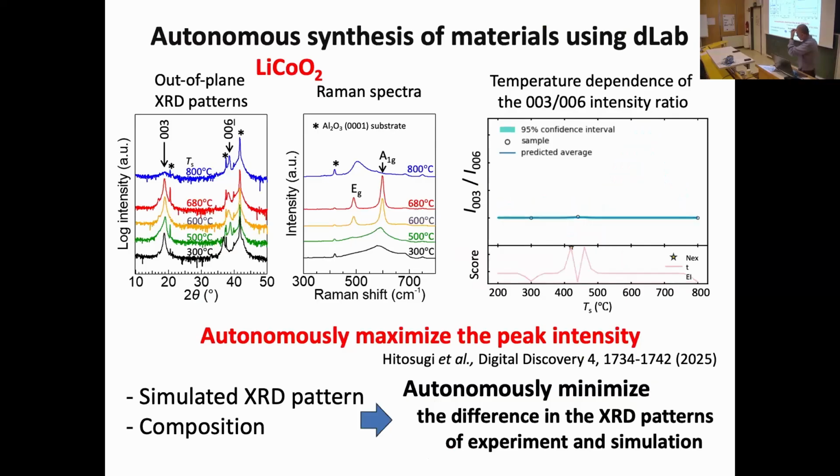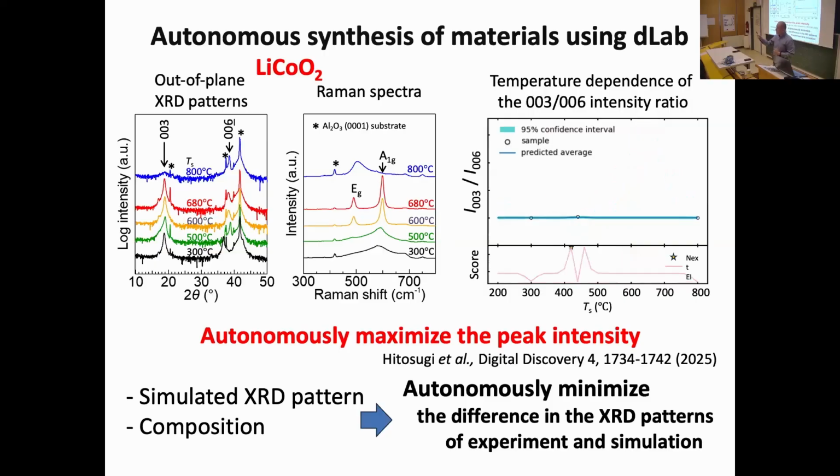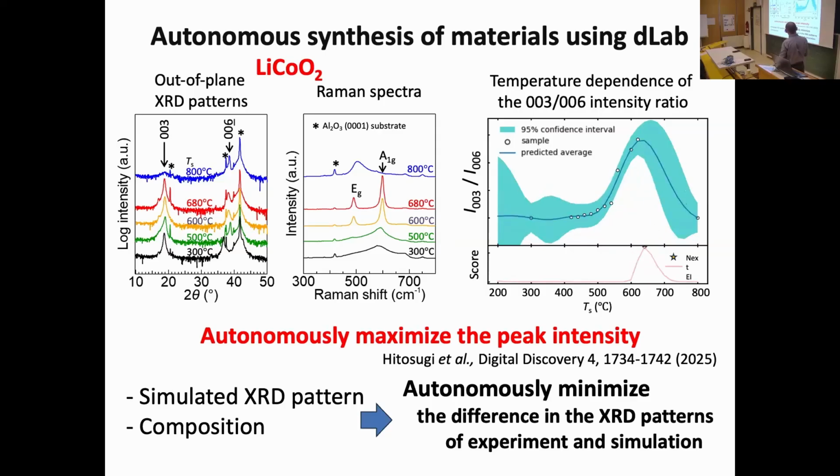And then we already demonstrated that we have the X-ray diffraction pattern. So we know where the peak appears. And we demonstrated for lithium cobalt oxide, intensifying the 003 peak. The autonomous robotic system will intensify this 003 peak and tune the temperature.